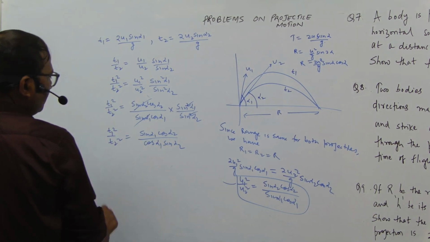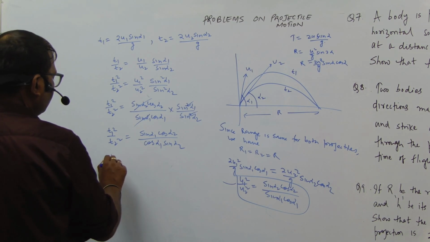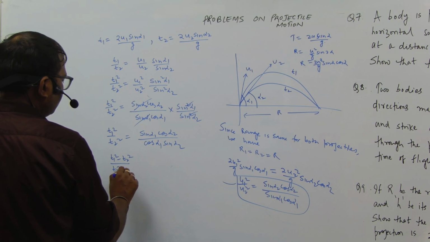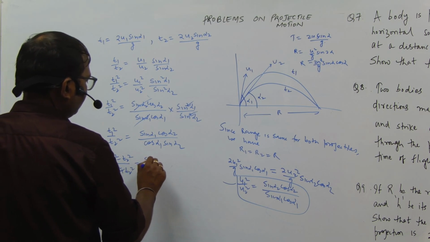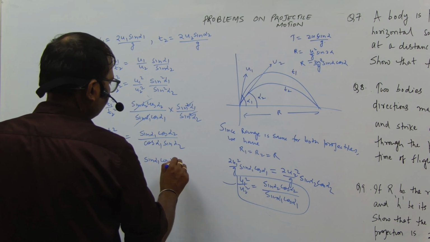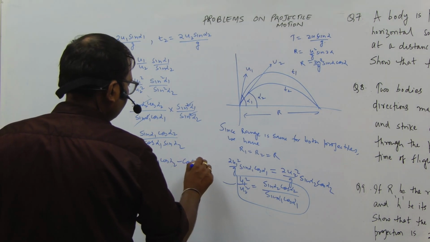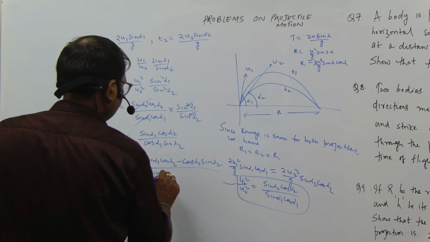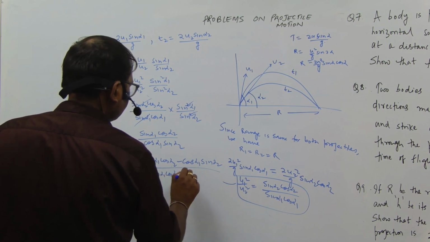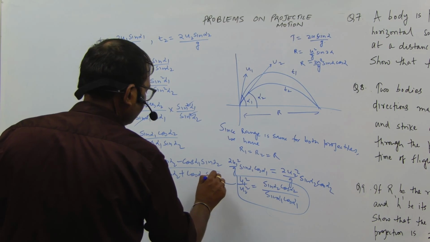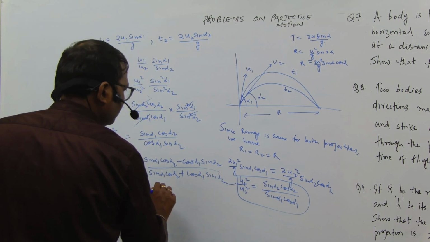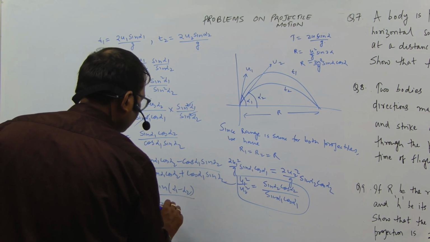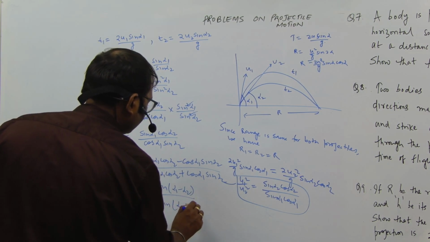Okay, so let us apply componendo and dividendo. T1 square minus T2 square upon T1 square plus T2 square is equal to sine alpha 1 cos alpha 2 minus cos alpha 1 sine alpha 2 upon sine alpha 1 cos alpha 2 plus cos alpha 1 sine alpha 2, which is equal to sine of alpha 1 minus alpha 2 upon sine of alpha 1 plus alpha 2.